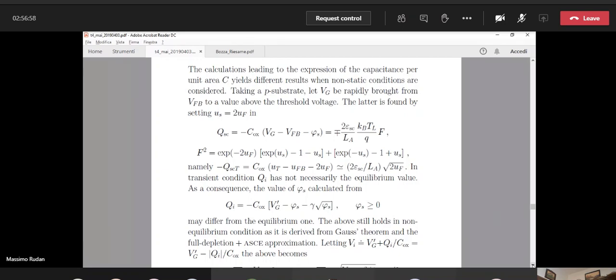When we calculate the capacitance, of course, we have to change the voltage by a small quantity, but we do it statically. So we detect the charge with some Vg, and then we change Vg. We wait until all the transients have expired, and then we detect the charge again.